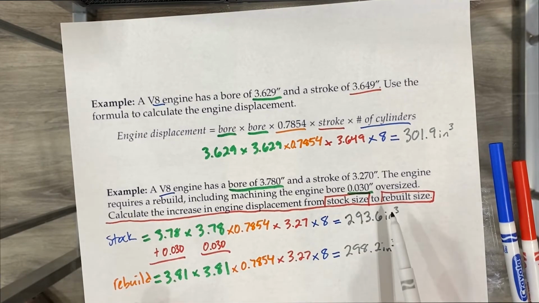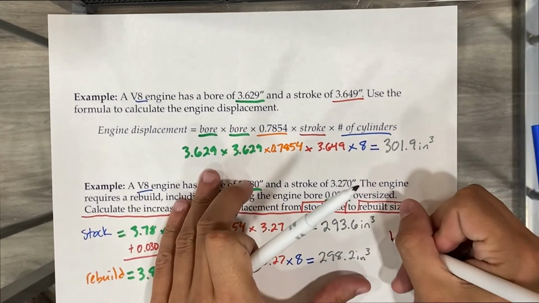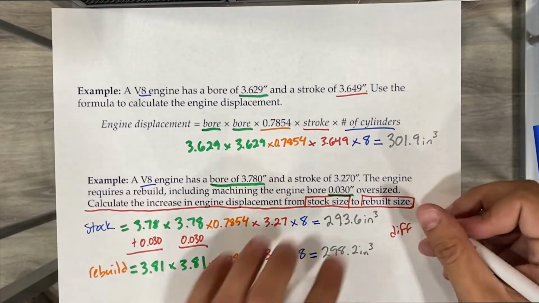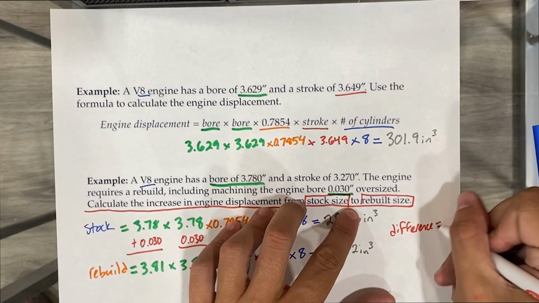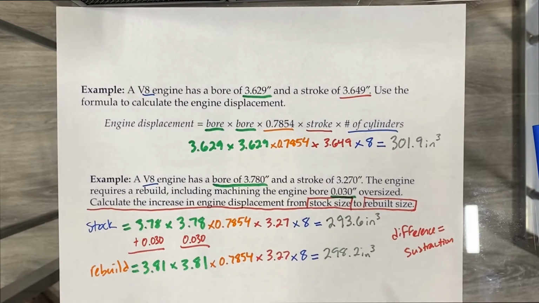So now that we're calculating the increase, what we want to do is find the difference. And if y'all remember, difference always equals subtraction. So in this case, we're going to subtract the smaller number from the larger number.